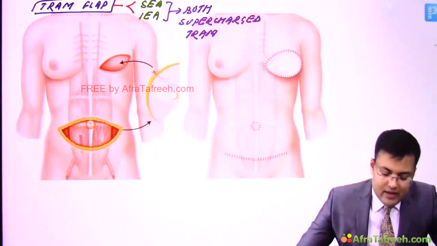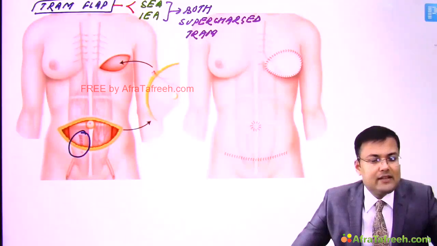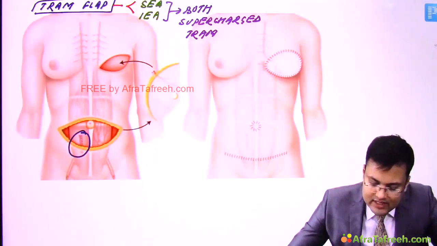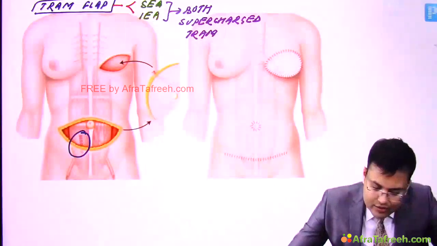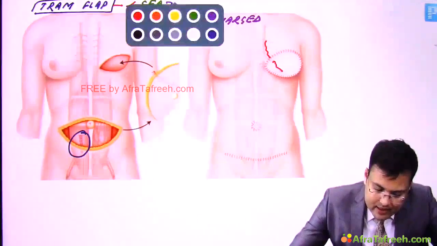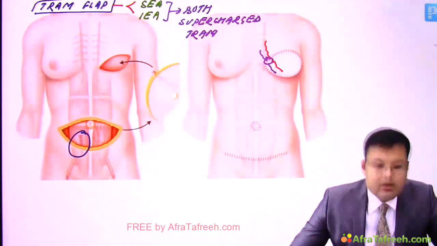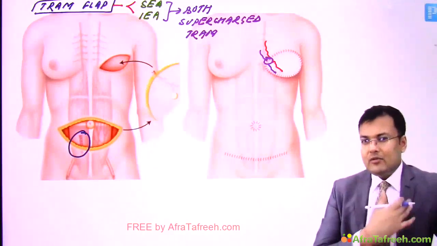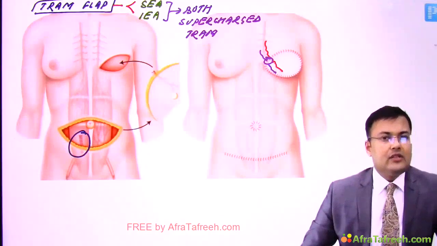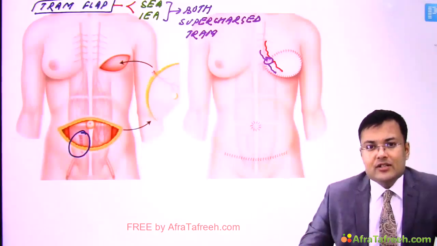See here it is based on inferior epigastric vessels, and after that you are going to notice that we are going to revascularize this graft with what? Internal mammary artery and vein. Clear? And this anastomosis is done. Clear? So this TRAM flap is most commonly used flap for breast reconstruction.